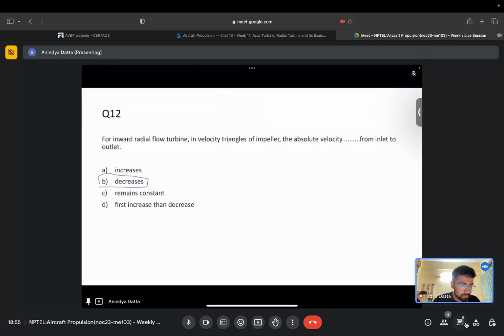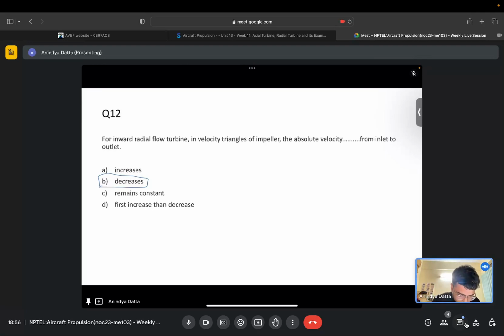To summarize, when we are talking of the rotor of a turbine, whether it's axial flow or radial flow turbines, the absolute velocity will decrease. When we are talking about compressors, whether axial flow or centrifugal compressors, the absolute velocity will increase.